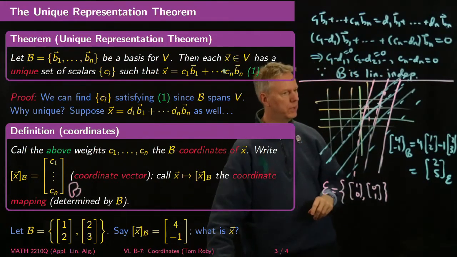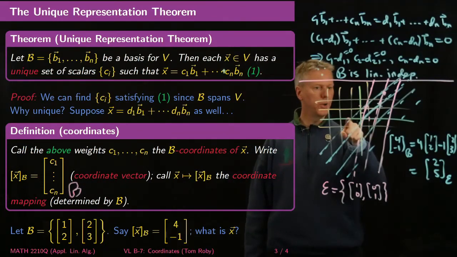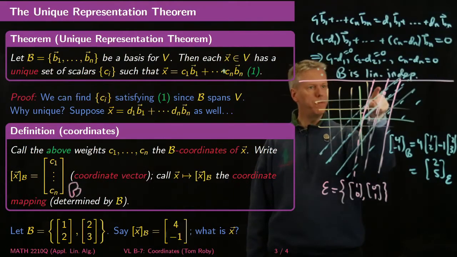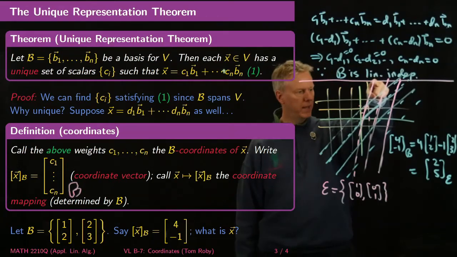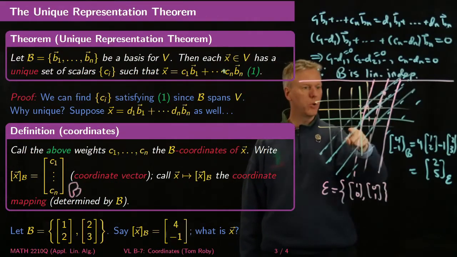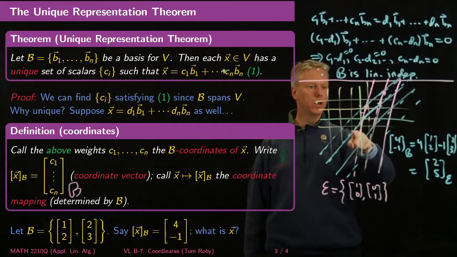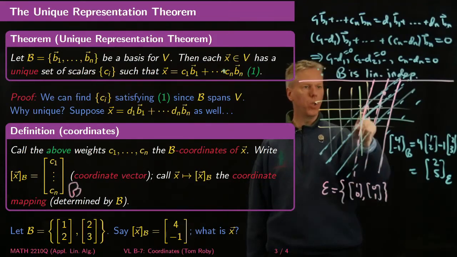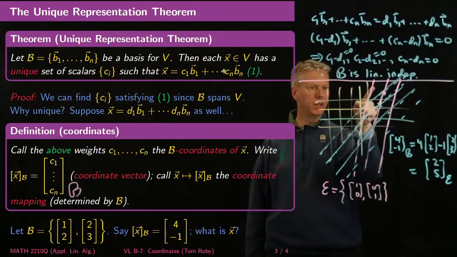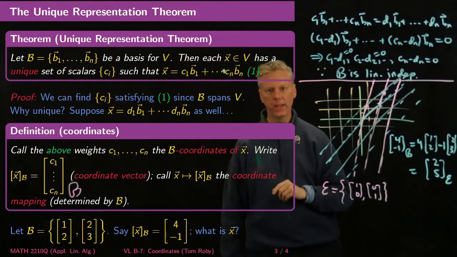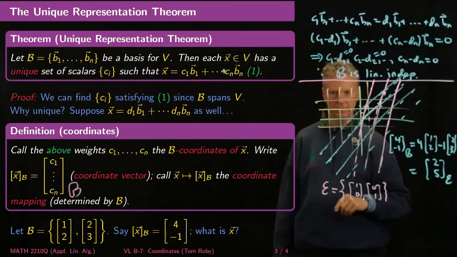All right, so (2, 5), going out 2 and up 5 in the usual way, is going to be the same thing as going out 4 along the red and then minus 1 along the blue. So that's the idea here.